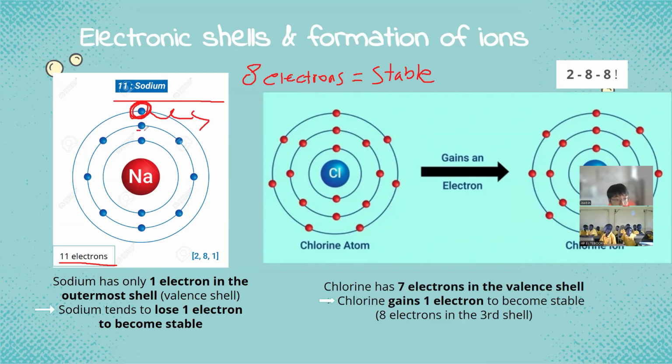Because sodium will have 8 electrons on the valence shell if it knocks off this one electron. It's bothering sodium, so it wants to lose this electron. That's why, in many reactions, sodium tends to lose 1 electron to become stable.